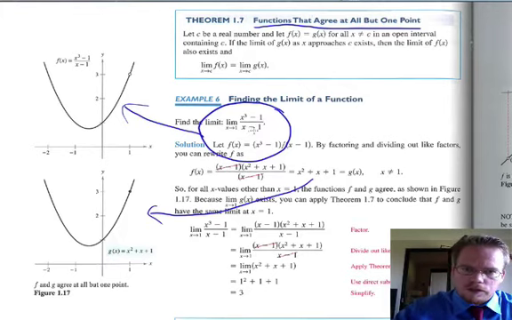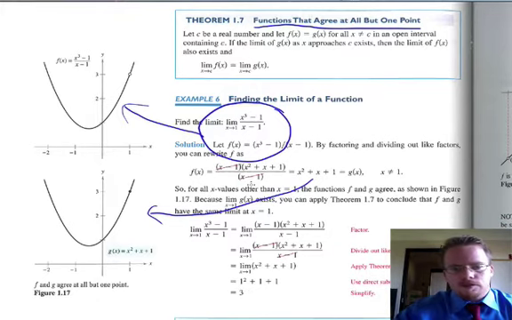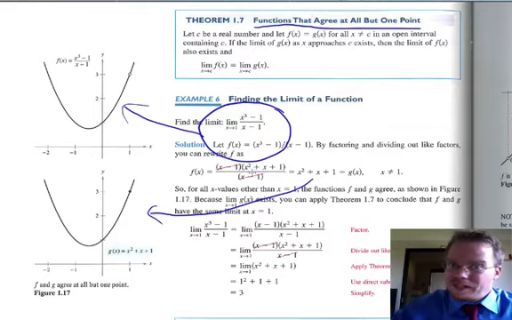Whenever you get a situation where you can't use direct substitution because you're going to end up dividing by 0, sometimes what you can do is factor the top and the bottom and cancel those factors that lead you to get undefined or indeterminate forms. When you divide 0 by 0, it's called an indeterminate form because you can't really tell what's happening at that point.